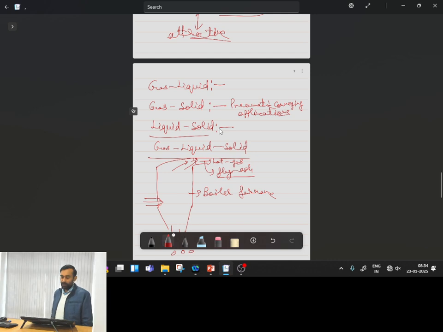So this particular example is nothing but a hydraulic conveying system, where water is utilized to convey the solids.